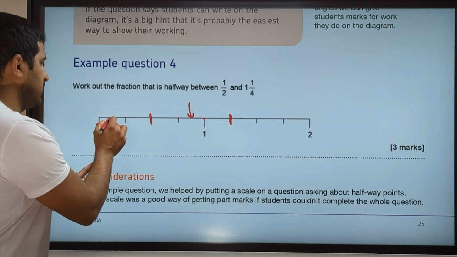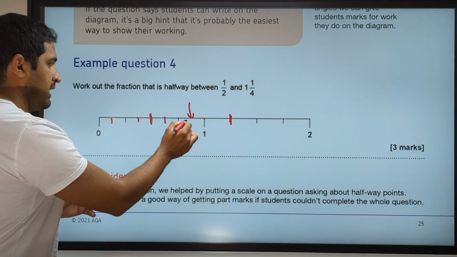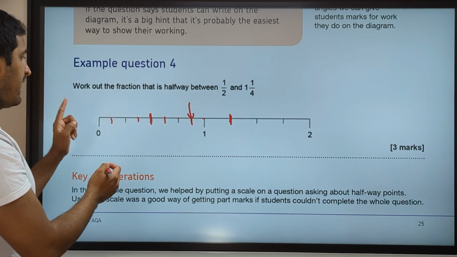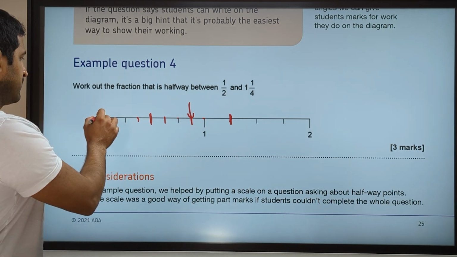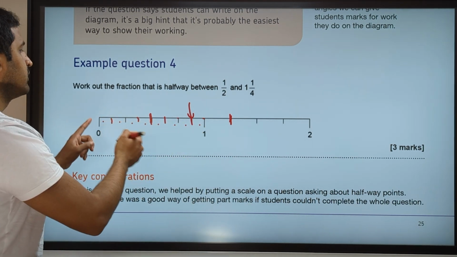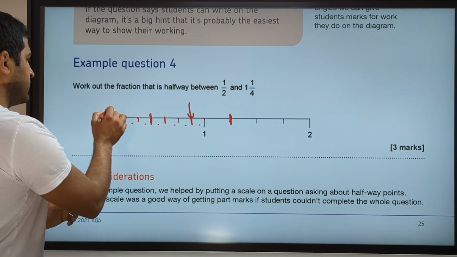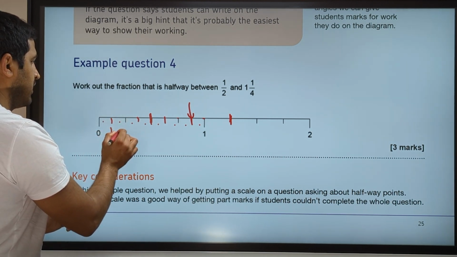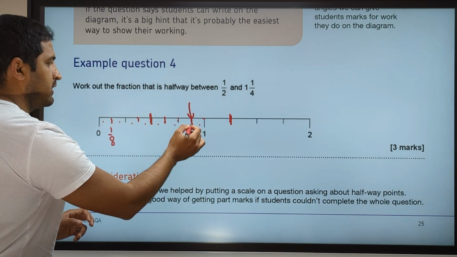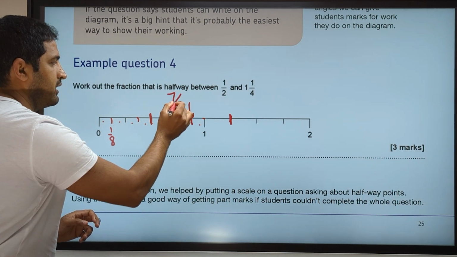So let's cut every single one of these into those gaps. So now from 0 to 1 we have 8 gaps. 1, 2, 3, 4, 5, 6, 7, 8. So each gap is 1/8. So this is your 1/8, 2/8, 3/8, 4/8, 5/8, 6/8, and 7/8. So that's the fraction that we wanted, 7/8, and it's done.